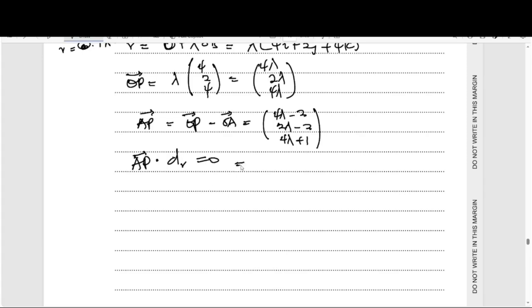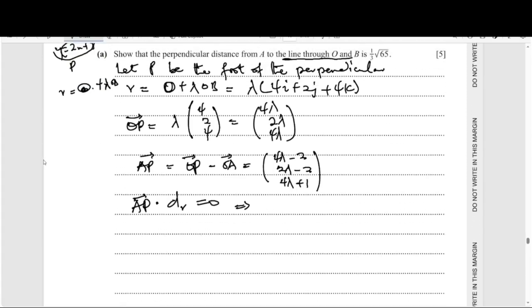The direction vector of R is basically the part that is multiplied by lambda. Fortunately for us, R doesn't have any other parts apart from this part. If R had something, let's say plus some 2i, then something else, we are still going to use the part that is attached to lambda, right? We are not going to use the whole of R. So let's say the direction vector is 4, 2, 4, even without the i and the lambda, right?